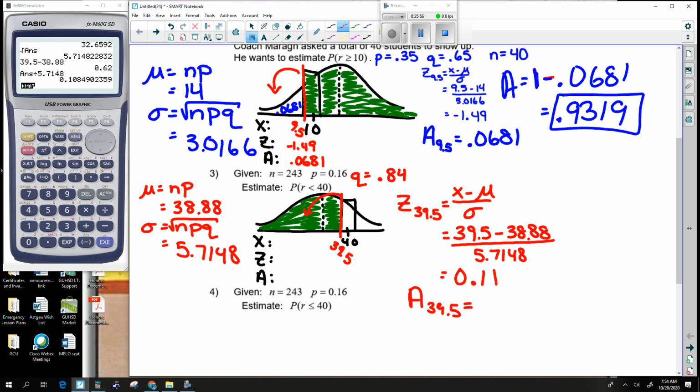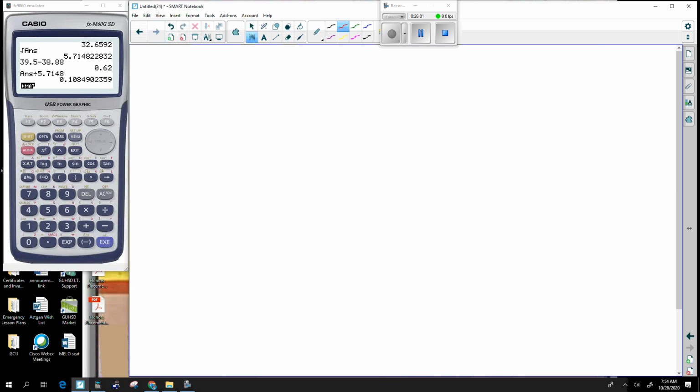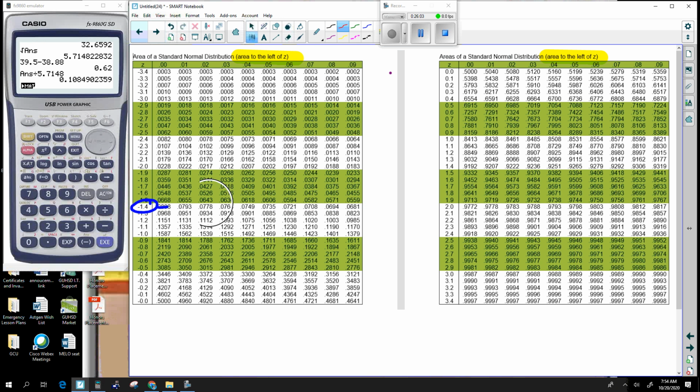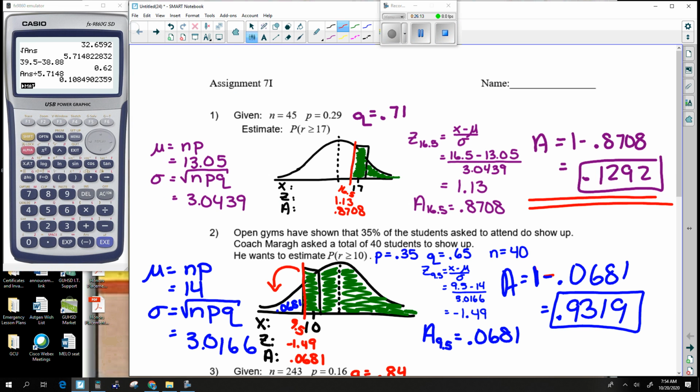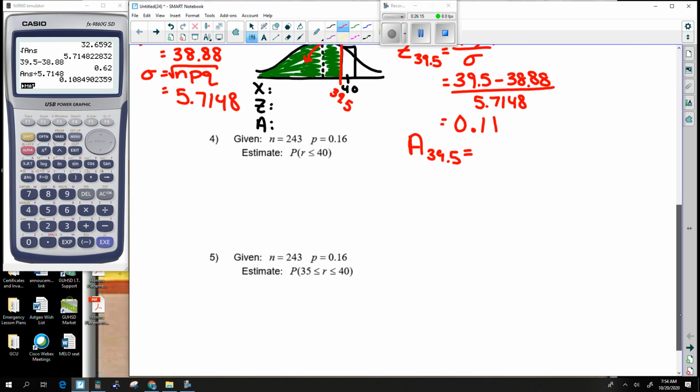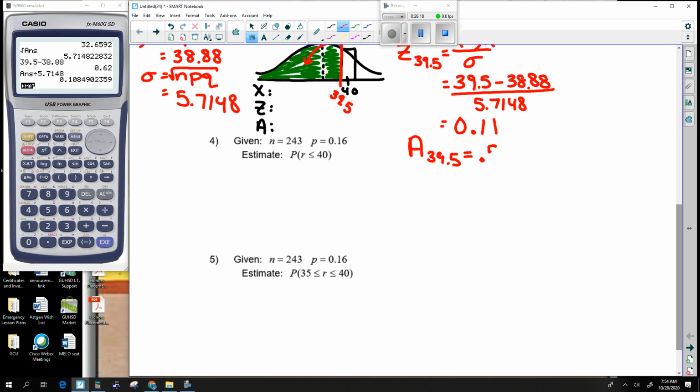So I have a z-score of 0.11, and looking up 0.11 gives 0.5438. That is the area to the left. That is what I wanted, so that is the answer.